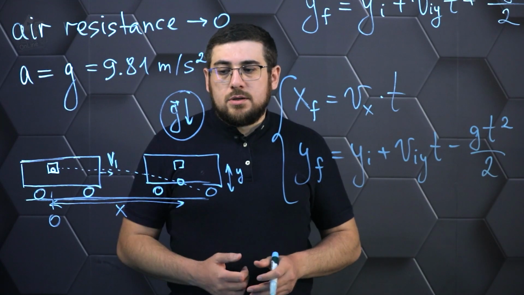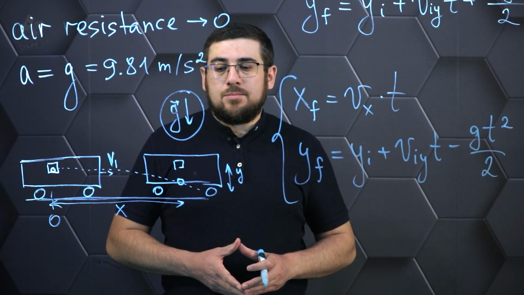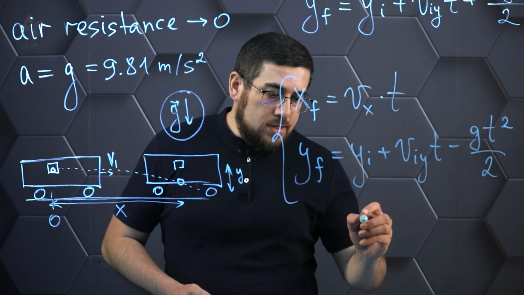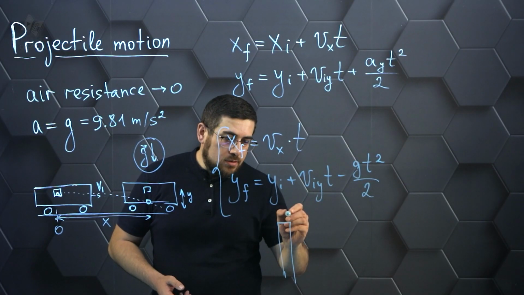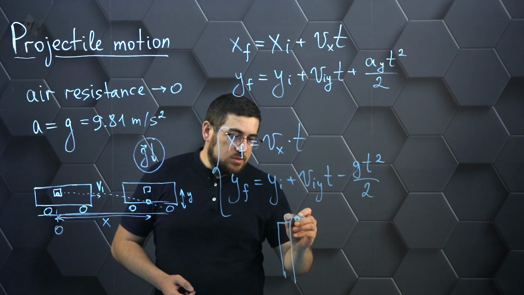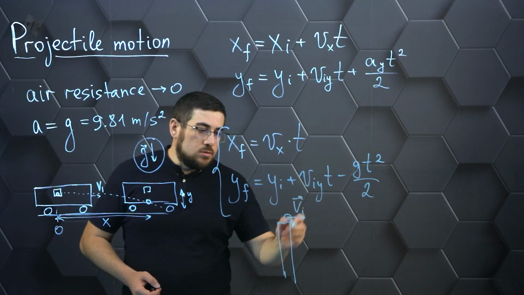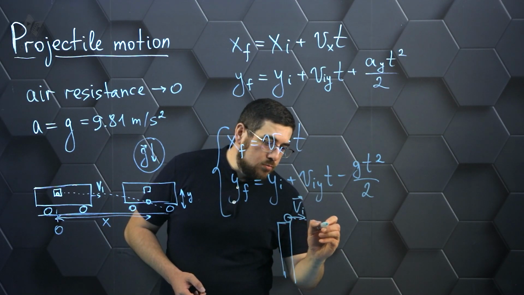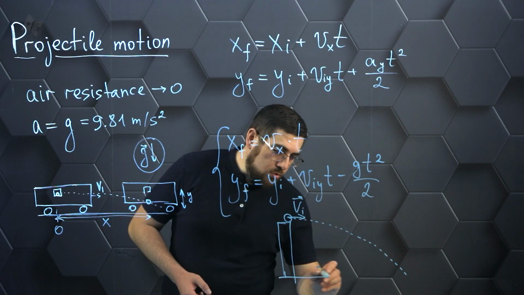We can also consider what form the given trajectory has. For simplicity, we can consider the case when some object is thrown horizontally from some tower with an initial velocity. Then this object will travel along the y-axis and along the x-axis until it falls to the ground.